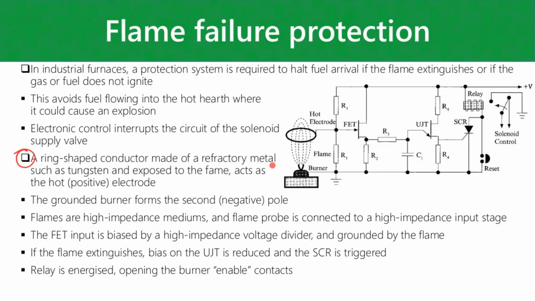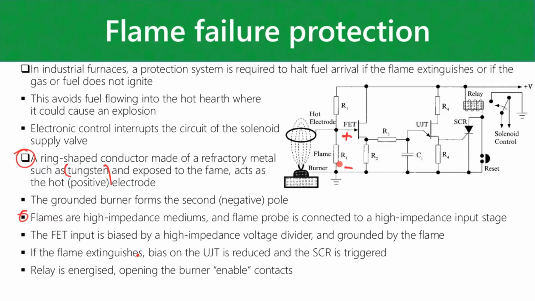A typical metal that would be used in an application like this would be tungsten. That will then act as your positive electrode, so your burner will then be your negative electrode. And if you guys take a look at a flame, for instance, a flame is a high impedance medium, which means you're going to have a really high voltage across that resistor R1 there.